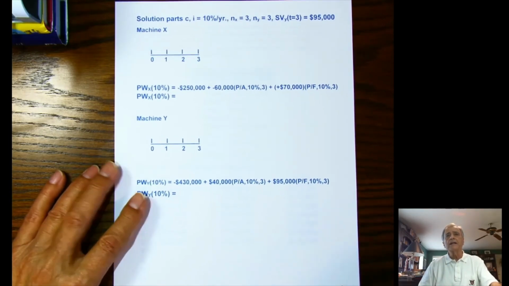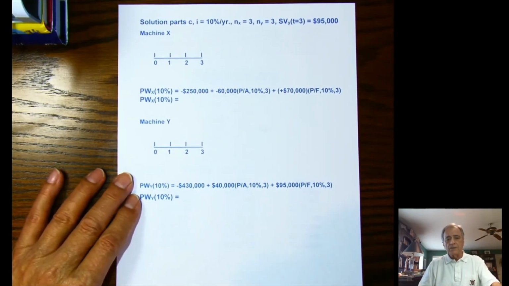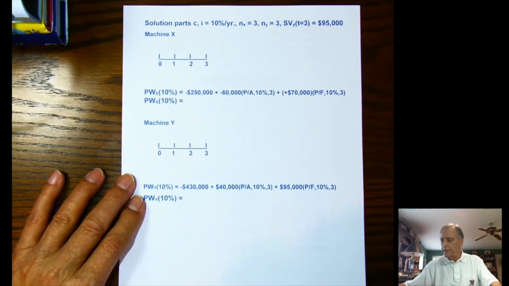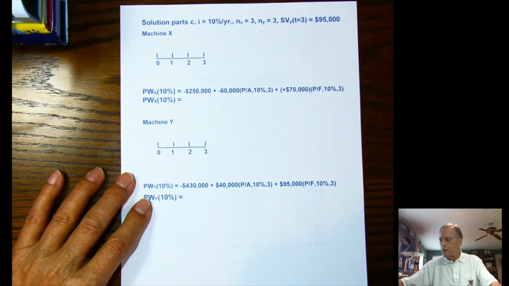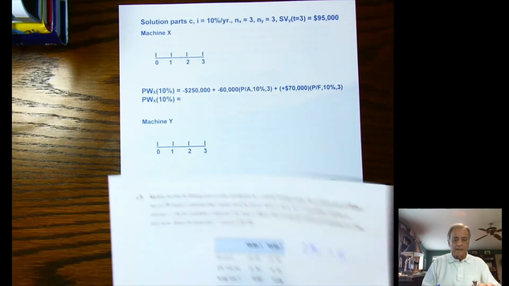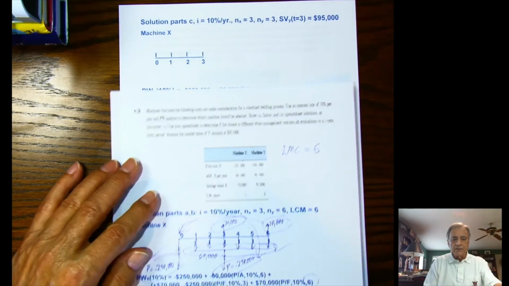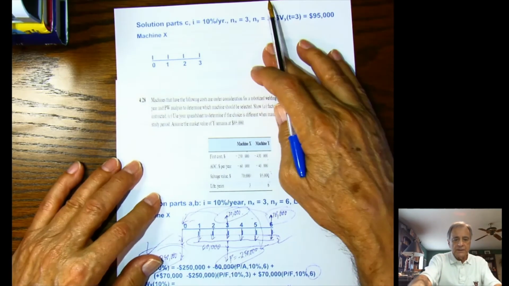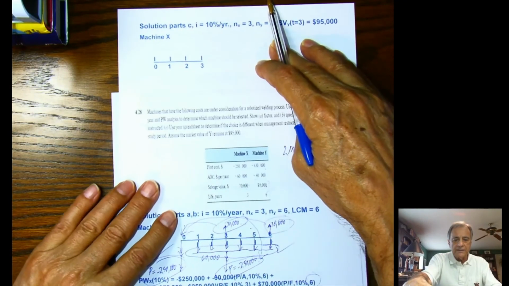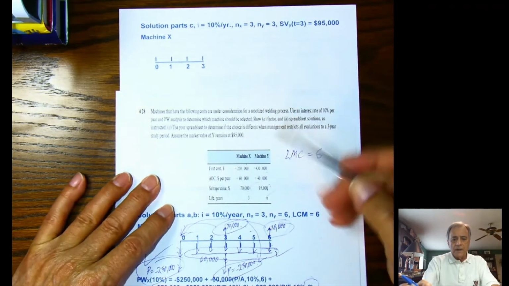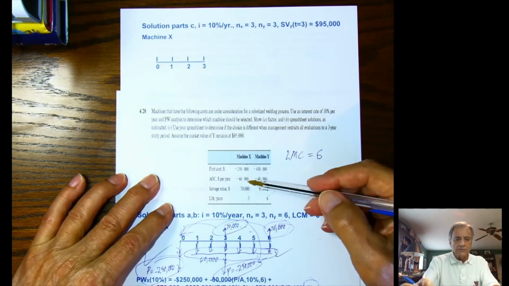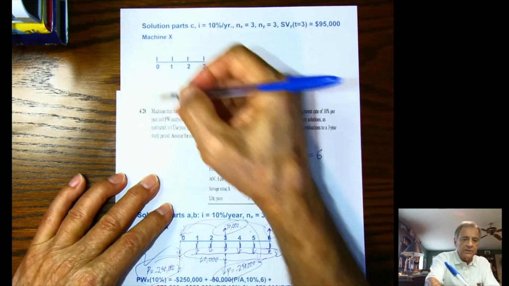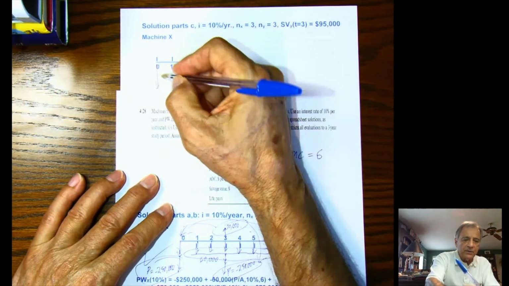So let's look at A, and I'm going to put my cash flow for A here. I'm going to put this on the page so I can see it. I've got an initial cost for machine X of $250. That's the same thing we had before.